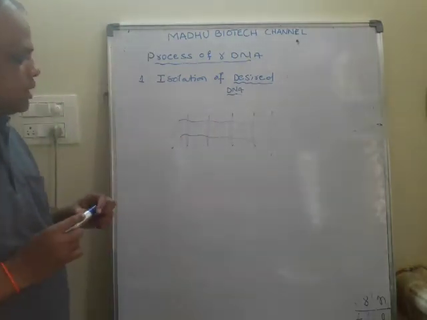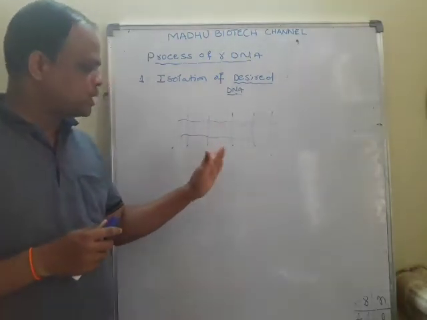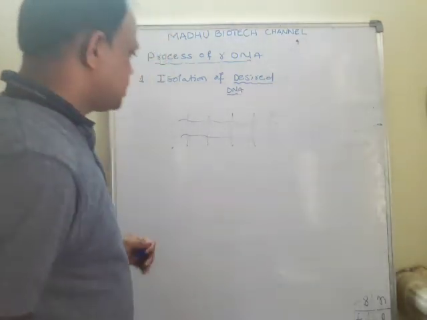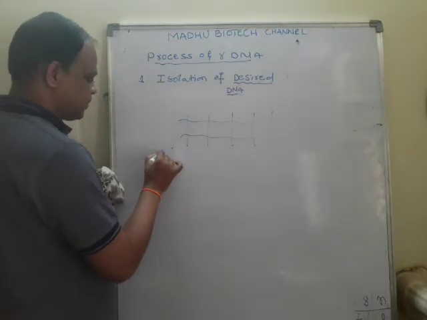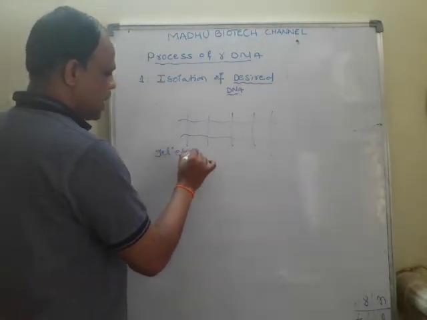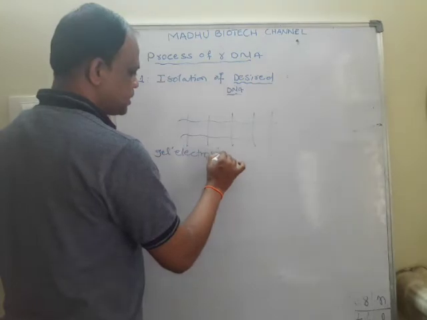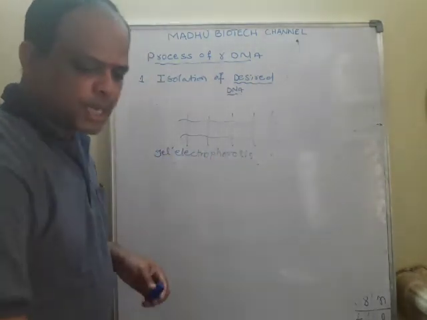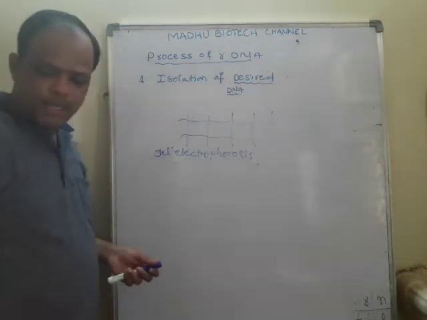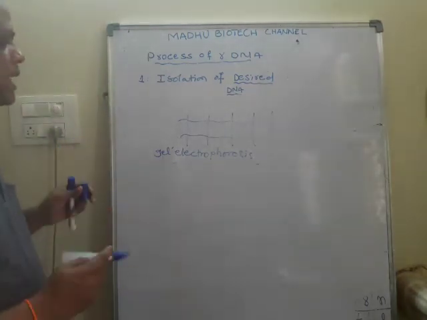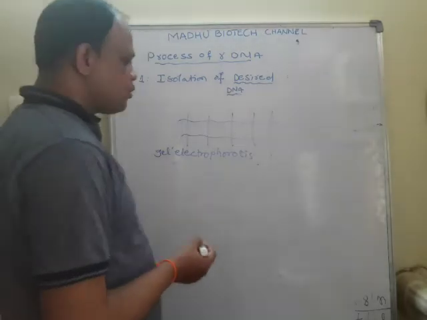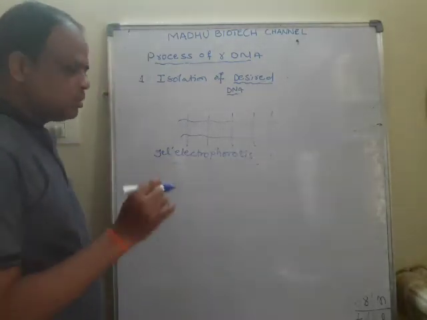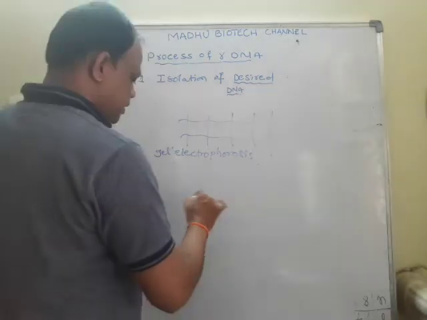Then with the help of gel electrophoresis we separate the desired gene, the pure form of DNA. Gel electrophoresis is an electrically charged machine.